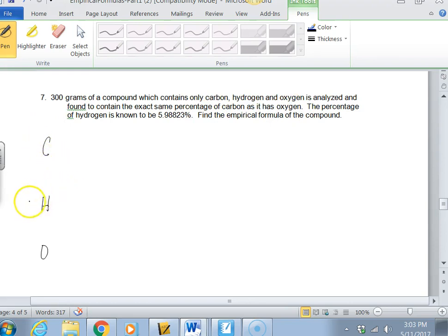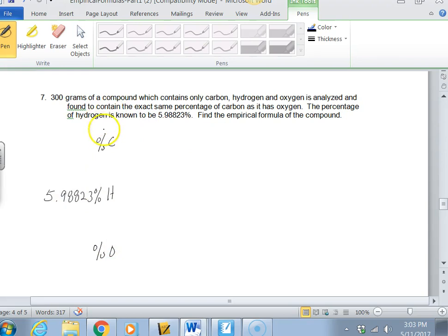The percentage of hydrogen is found to be 5.98823% hydrogen, and we know that carbon and oxygen are in the same percentage.